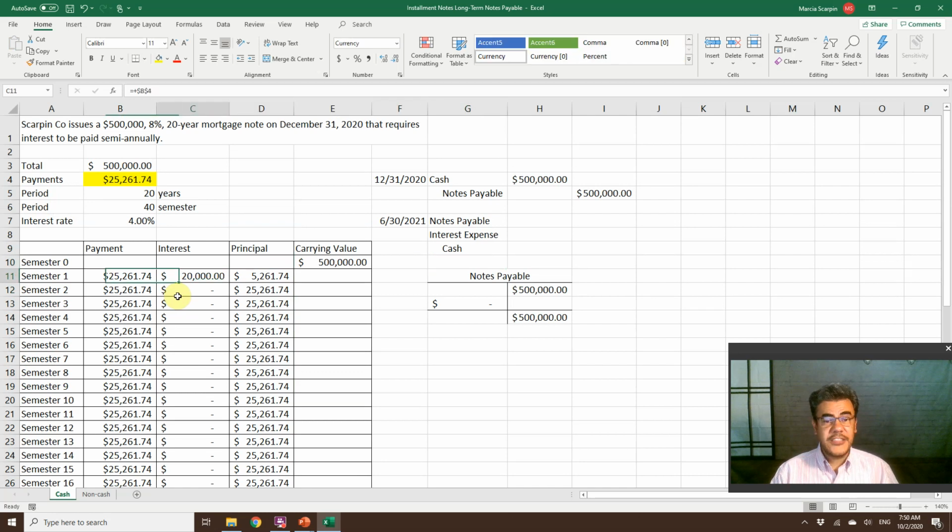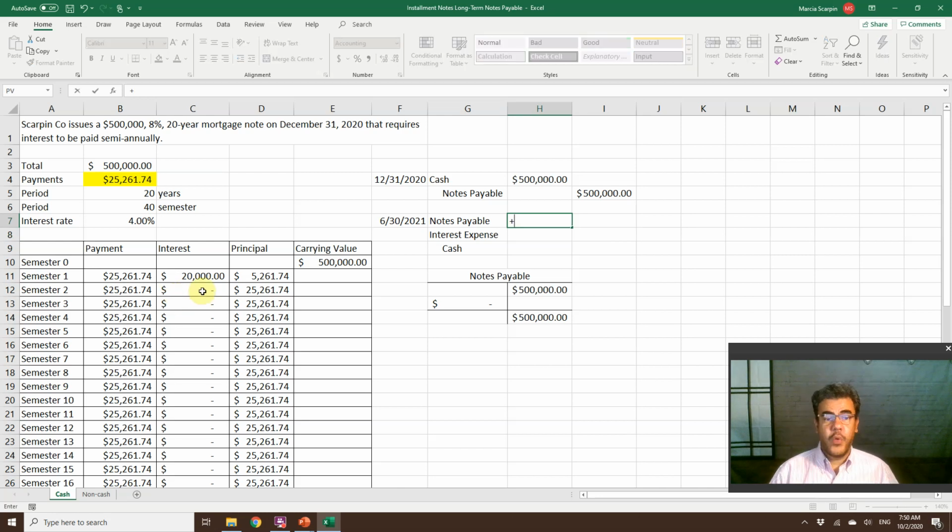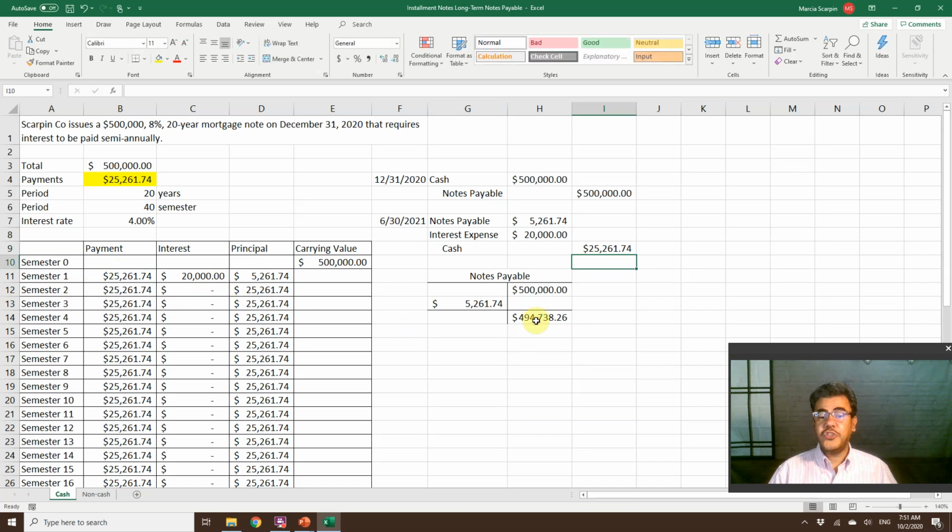However, for the first semester, we have our journal entry. So notes payable, we are paying the principal, so we are reducing our notes payable. Interest expense is the interest. And cash is the payment. Notes payable, our ending balance at the end of the first semester, 494. It must be our carrying value.